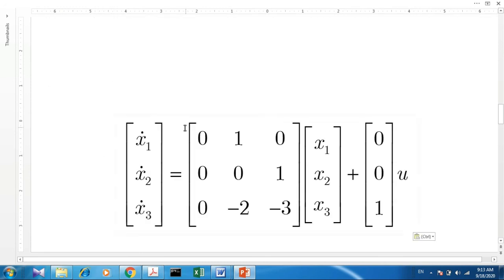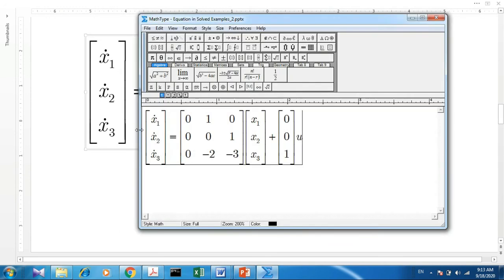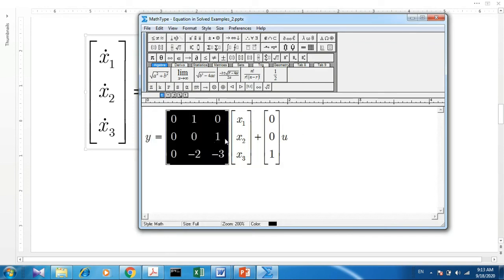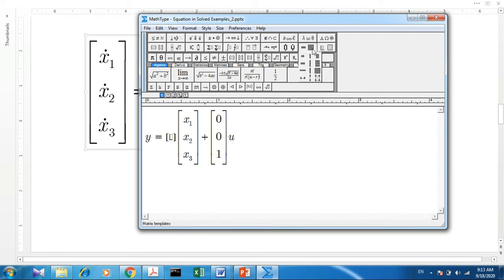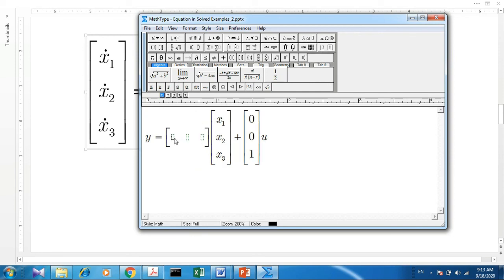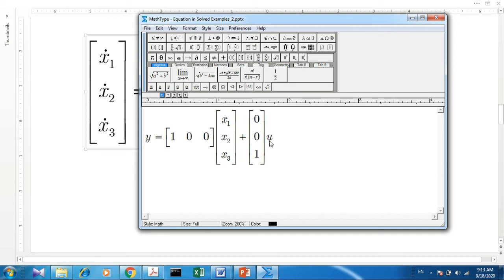The output equation can be found from y equals 1, 0, 0 multiplied by the state variables x1, x2, x3. D equals 0, so there is no such term.